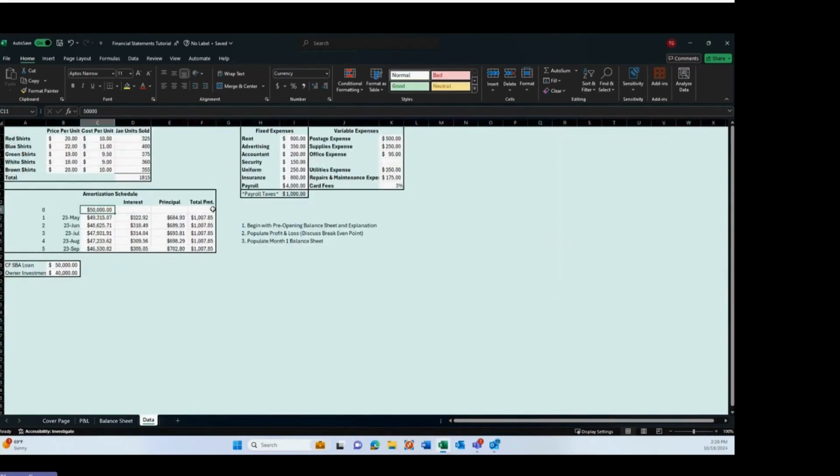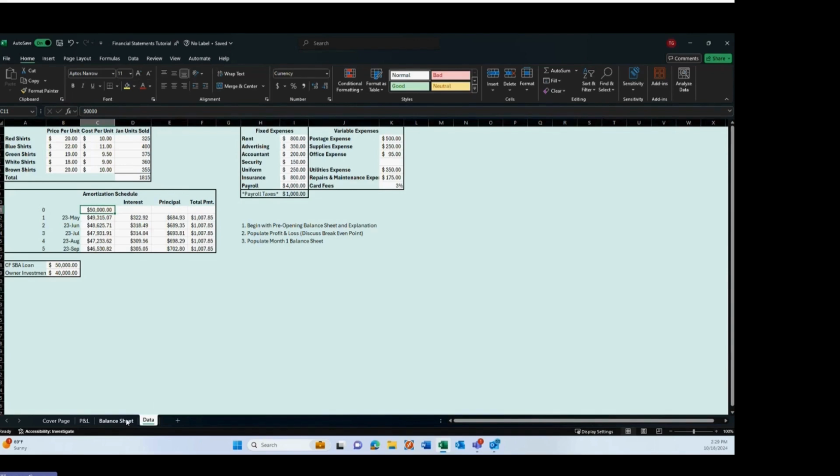Now, if we go over here to our amortization schedule for month one, we see that the payment is a total of $1,007.85. $684 went to the principal, $322 went to interest. The principal here is what we are most concerned with.